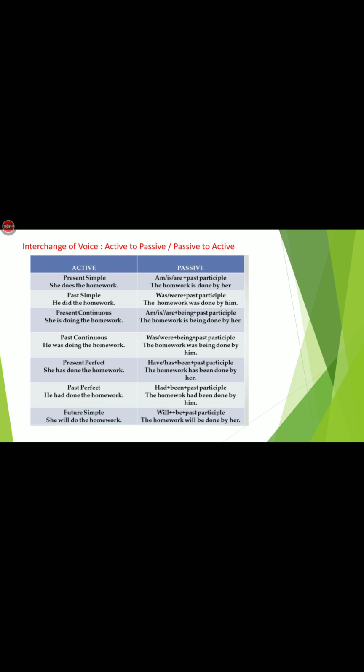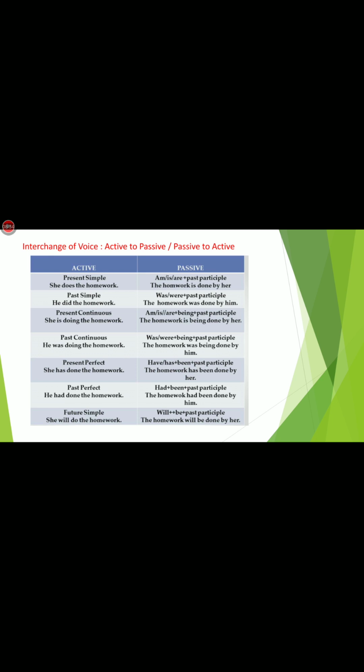Now, when it comes to past tense, the auxiliary will become was or were plus past participle. It is the same way. Now, for continuous tenses, we have to use the auxiliary plus the verb being plus verb 3. So, here in present continuous, what will be the auxiliary?